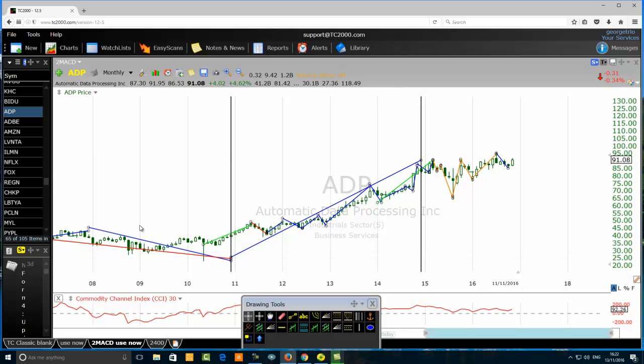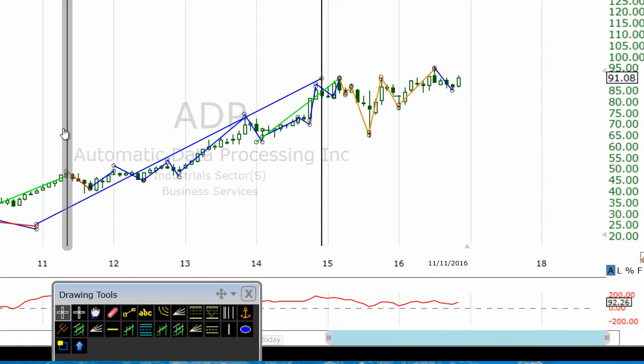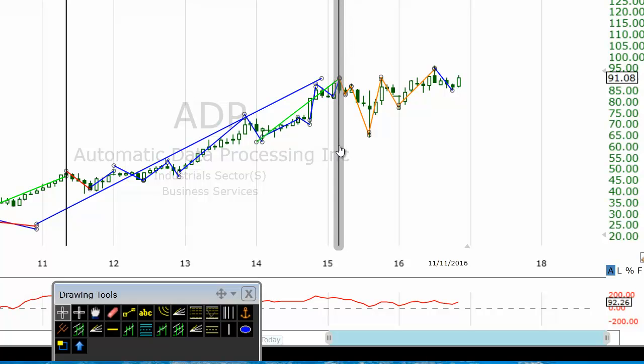And now I want to investigate, because remember, when you put the vertical line on the yearly chart and you switch to the monthly chart, you need to adjust the line, because it should be here, and this one should be here. That's the correct way.